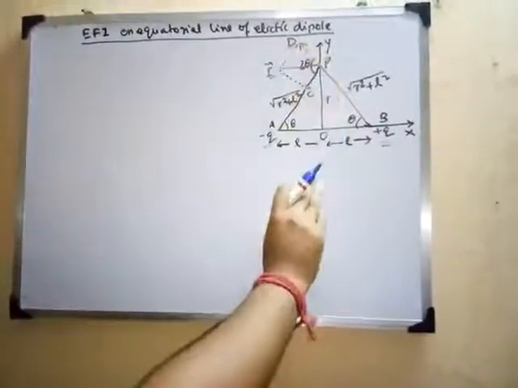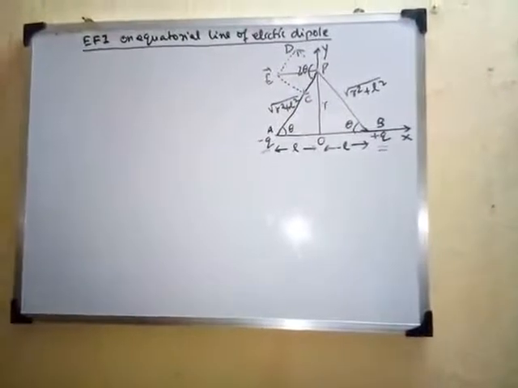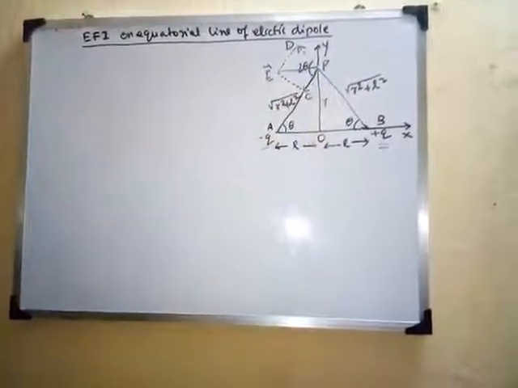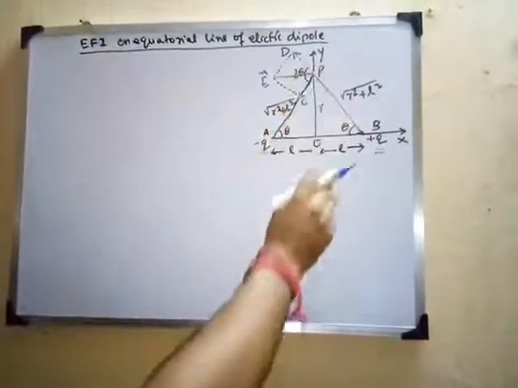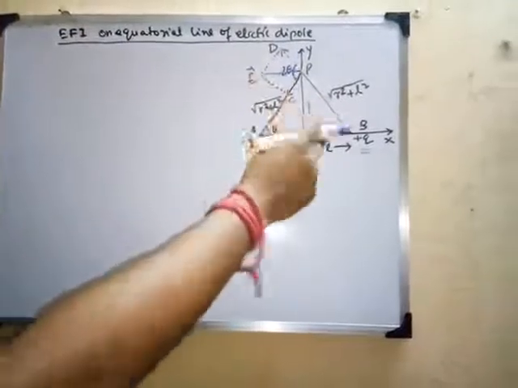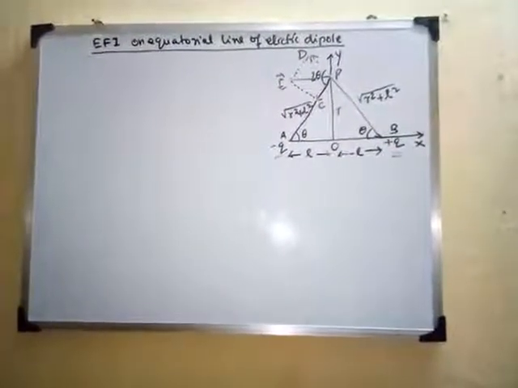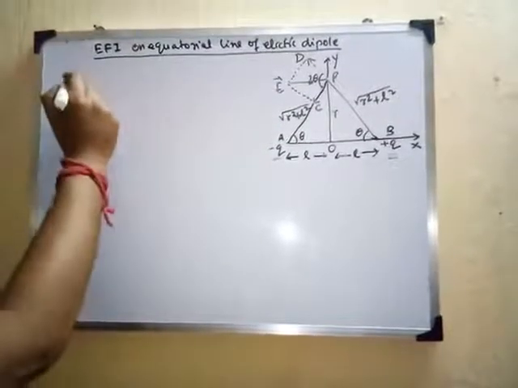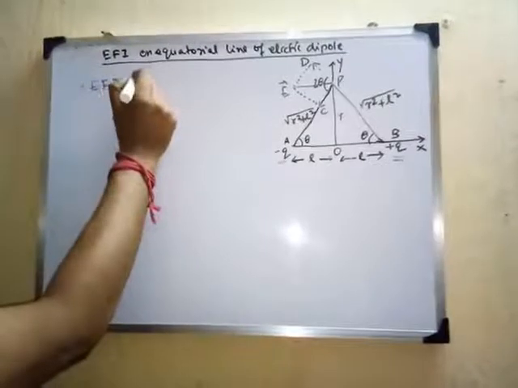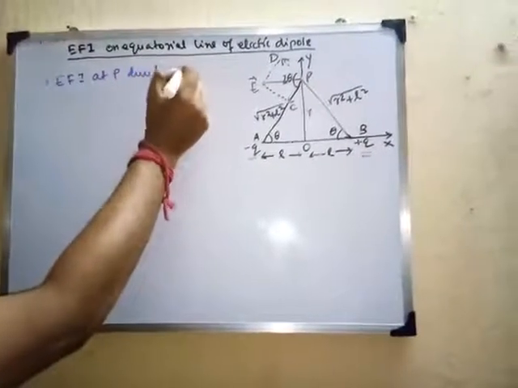First we need to find the electric field at the point P due to both charges, plus Q and minus Q. So one by one, let us first write the EFI at P due to the plus Q charge.